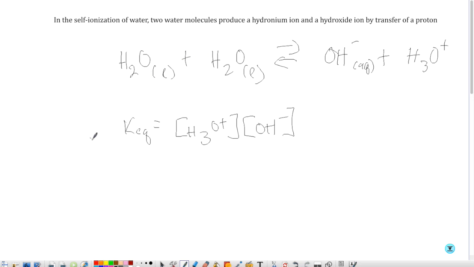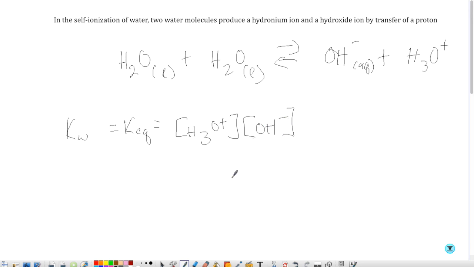Oh, that's cool. Well, this is a special equilibrium constant because this is true for water. We give it a special K, which is Kw. So Kw equals the concentration of H3O plus times the concentration of OH minus. It's one of the equations on your equation sheet.